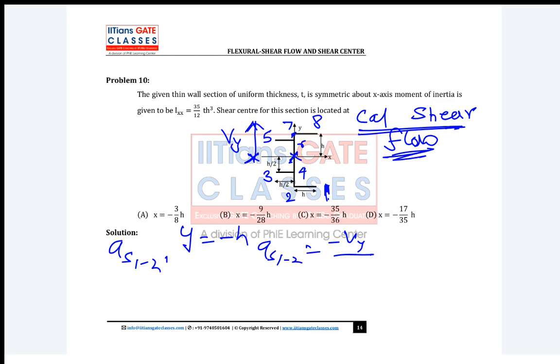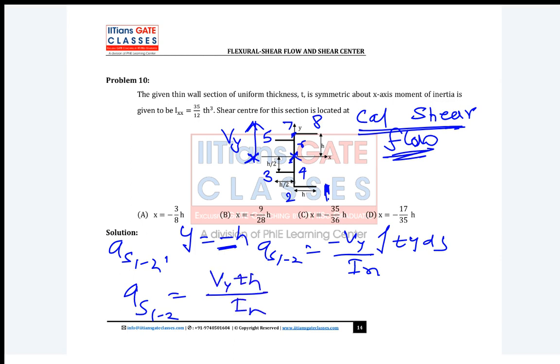Now y is minus h, so substituting, it becomes Vy t h upon Ix integration ds. Integration of ds is nothing but s, then q_s0.